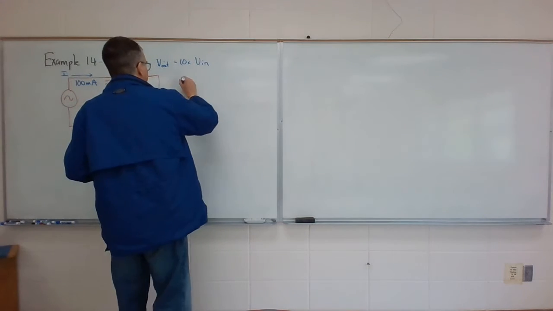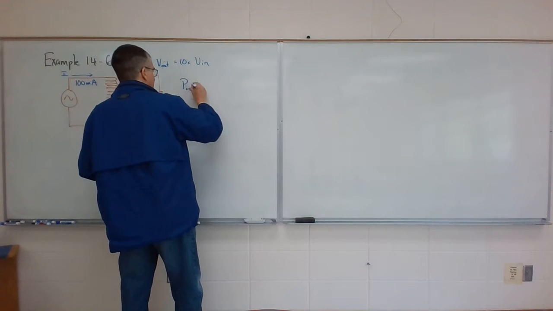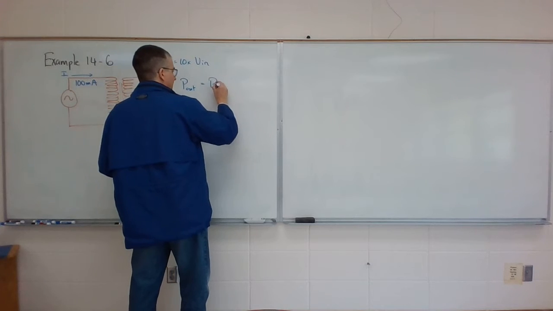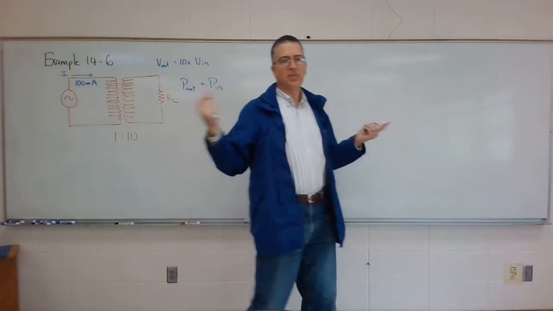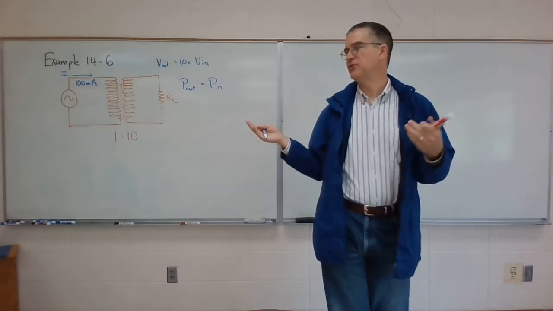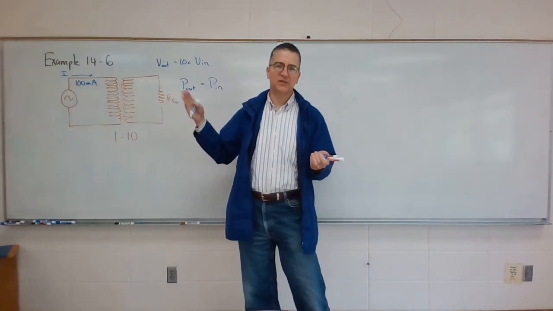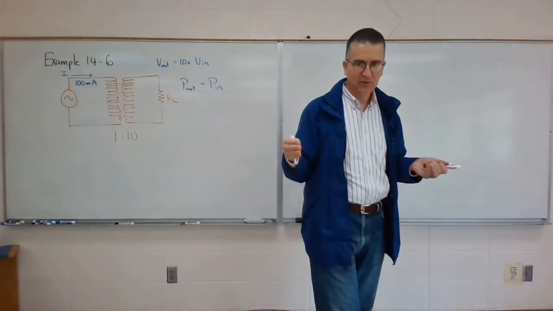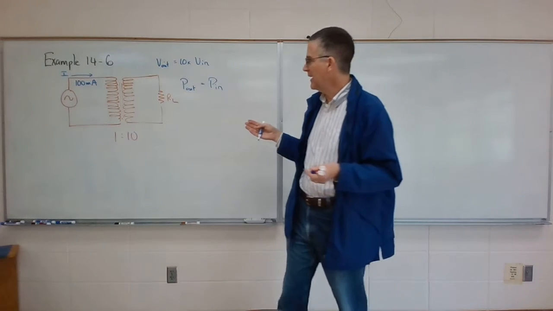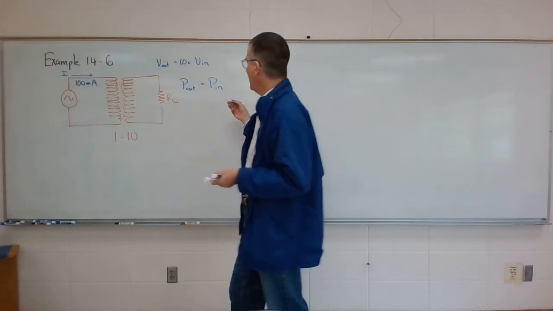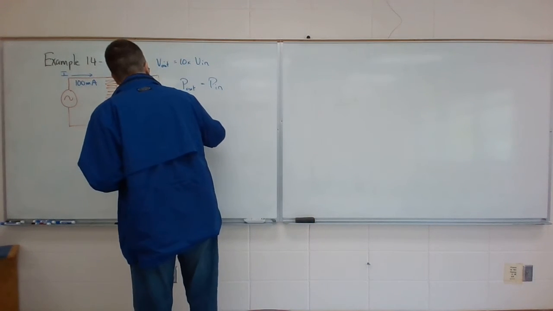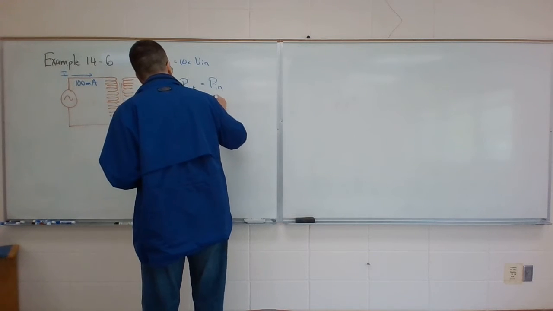But power out has to equal power in. You can't get more power out of the transformer than you put into the transformer. In fact, you'll actually get less because of the efficiency, but this is the maximum possible that we can get. Power out is power in, and power is current times voltage.